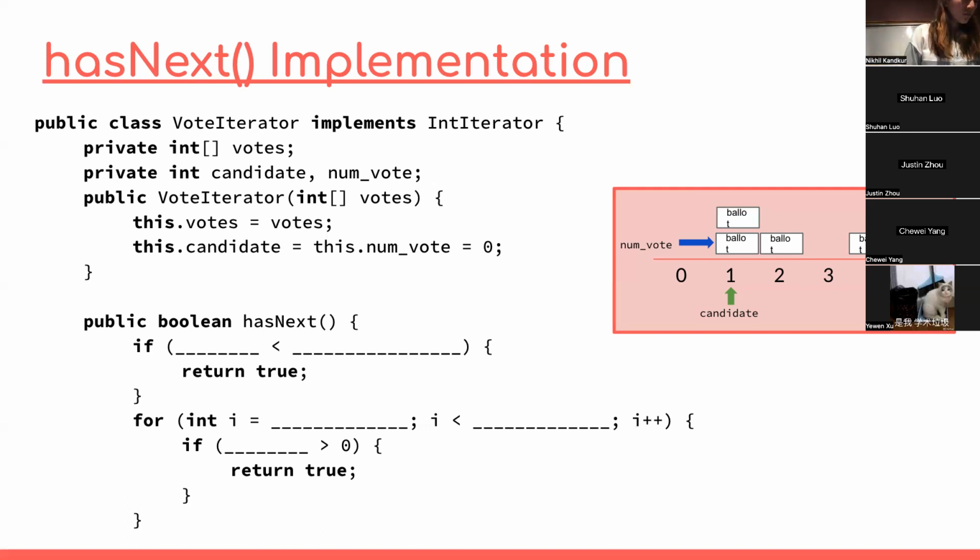So there's two parts going on. The first one I'll just tell you is what's going on when you're at a specified candidate, when you're not going to be moving on. Let's say that we've moved on to candidate 1, and we're at 1, 0, so candidate equals 1 and num vote equals 0. What would be going on here? What would we need to check?